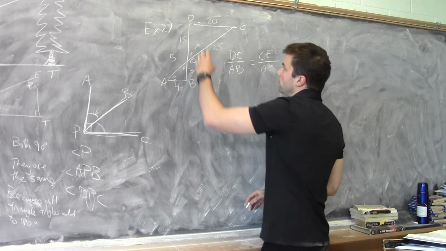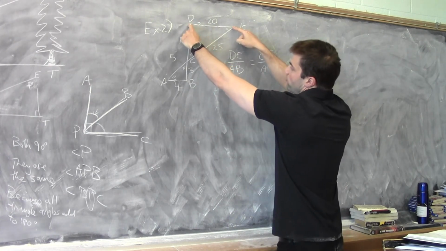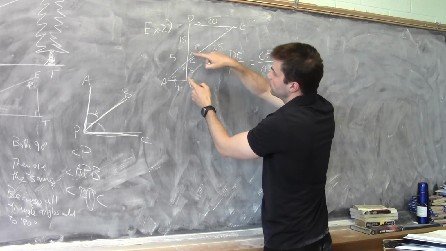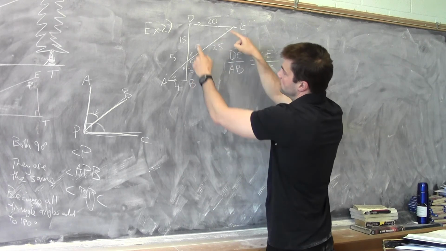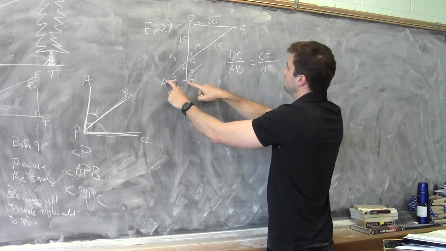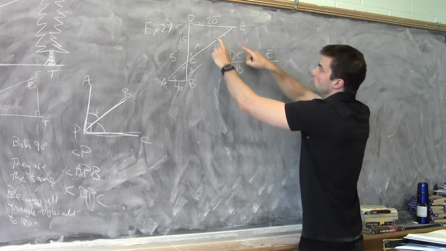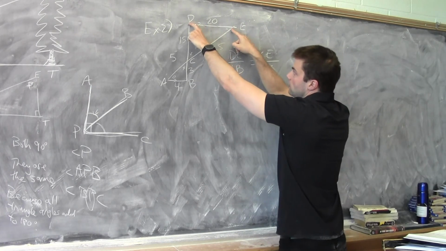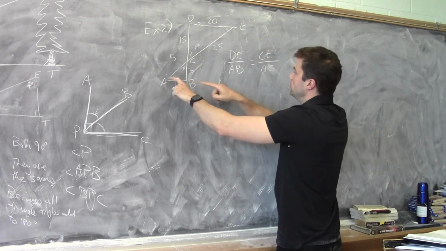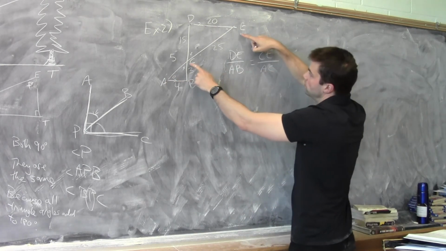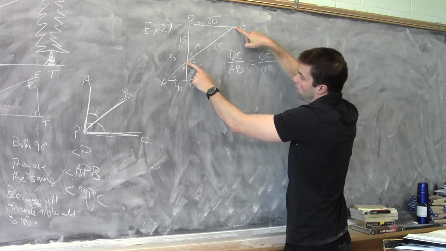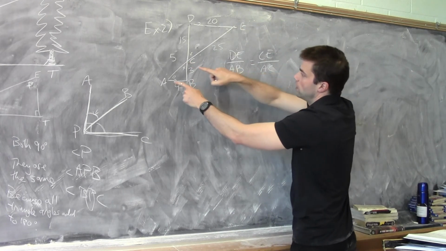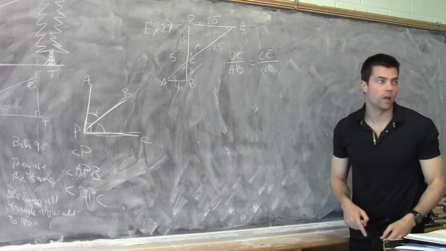So he saw in this triangle, if I were to flip this triangle over like this, DE is going to be the base, the same as AB. So DE is using the larger triangle first over AB, so the base over the base, is equal to CE over AC, the little one. So I'd agree with that.